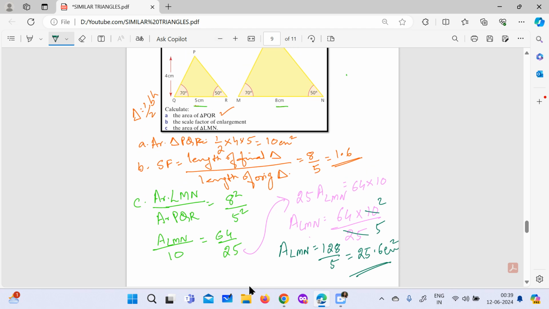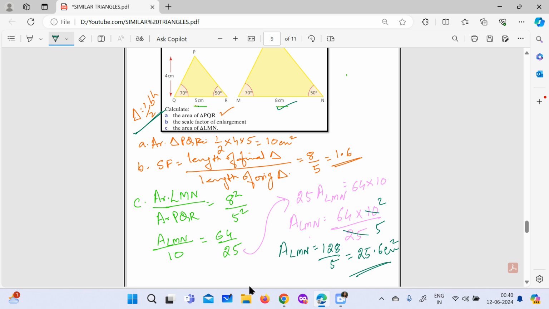So for the smaller triangle, we didn't do any scale factor thing because we have the height here. So we went with the formula of area of triangle, that is half base into height, and we got the area. And then in the next part of the question, scale factor of enlargement. So we know the rule, the length of the final triangle or final shape upon the length of the original triangle or shape. So this is the final and this is the original. So 8 over 5, scale factor is 1.6.